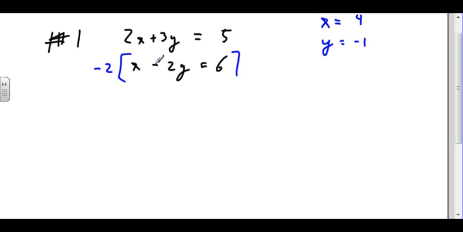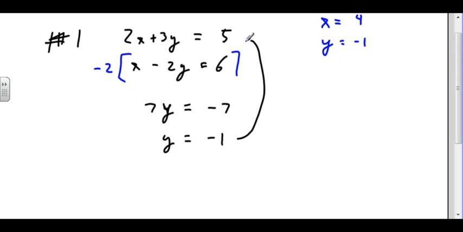I have 7y is equal to, what's -12 plus 5? That's -7, so y is equal to -1. And I'm pretty happy about that because that's what my calculator said.